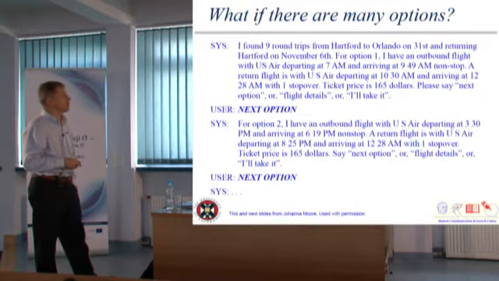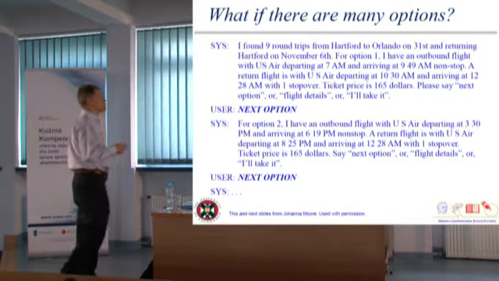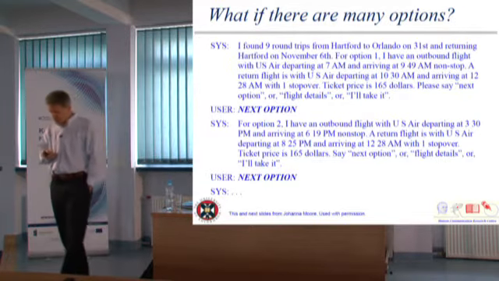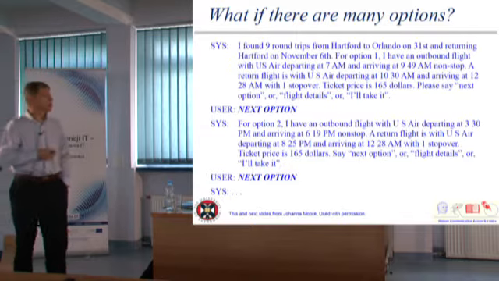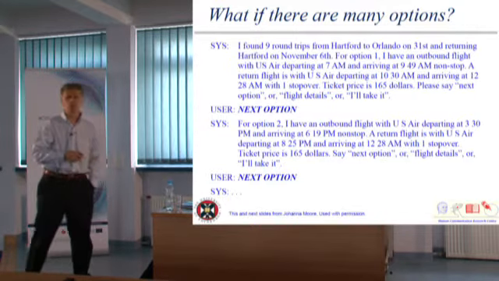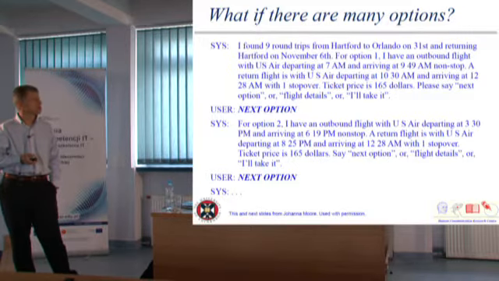If you don't like it, ask for the next option. If you want more details, ask for the details, or if you think this is good for you, take it. Now, 9 is not a big number, so in principle you could go through all 9 possibilities, but it would be very tedious.